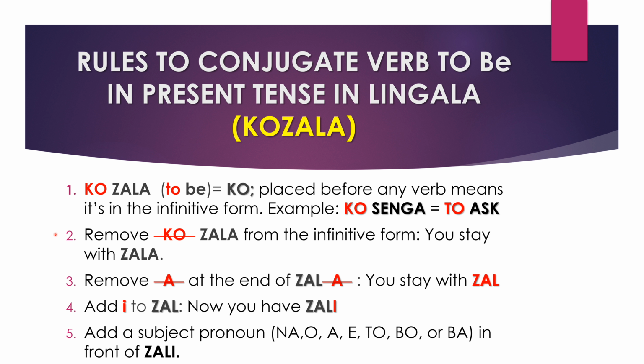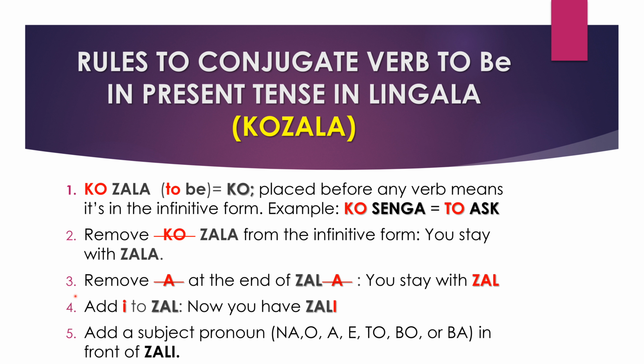Second rule, you need to remove ko in front of zala from the infinitive form. So when you do so, you stay with zala. Third, remove a at the end of zala and you stay with zal.